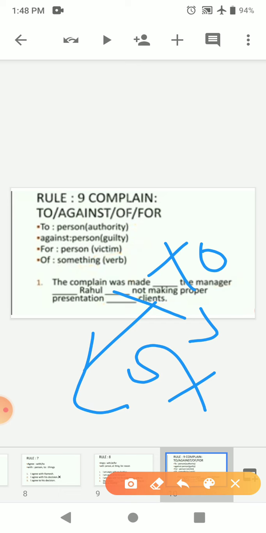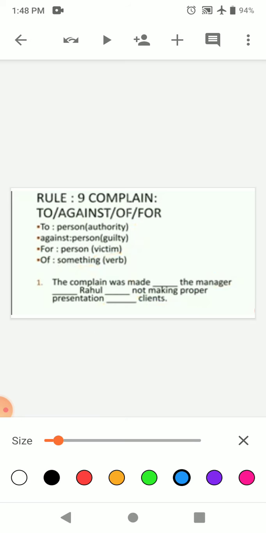Clients here refers to the victim actually. Then you will say for clients, and the complaint is filed against Rahul. So Rahul here is a guilty person. So for Rahul you will use against.